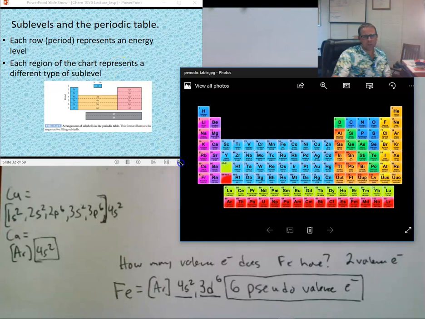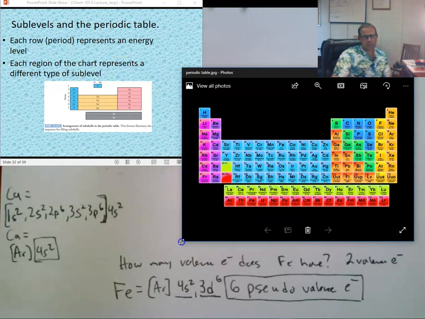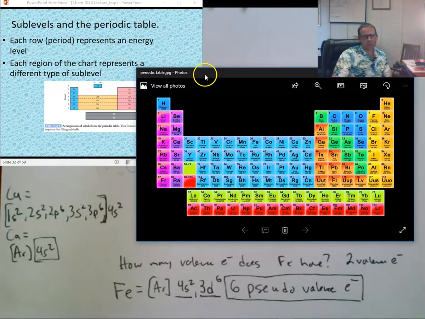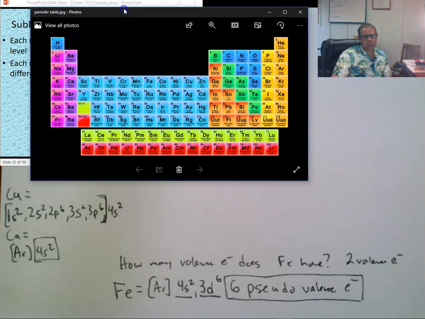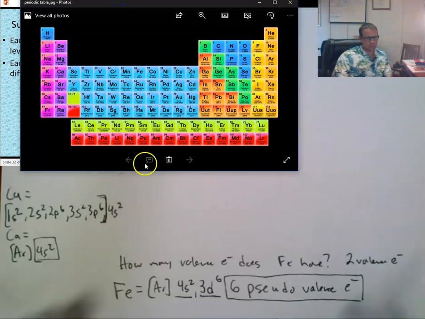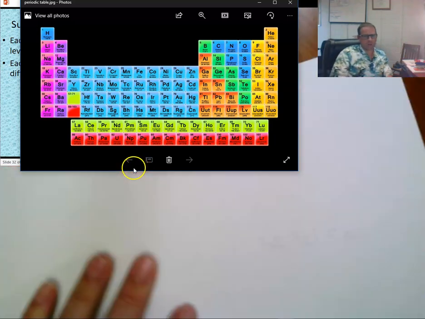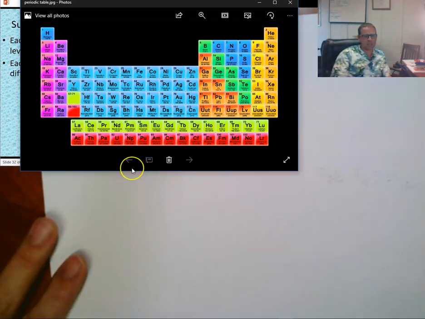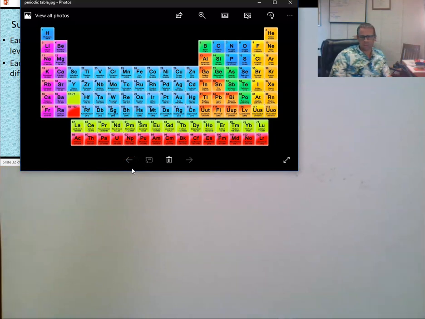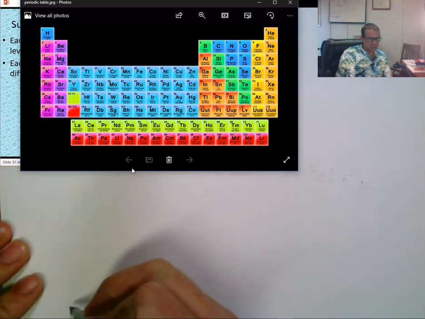Okay, so let's look at iron's orbital diagram. Let's draw an orbital diagram for iron and try to understand what it's doing when it does chemistry.